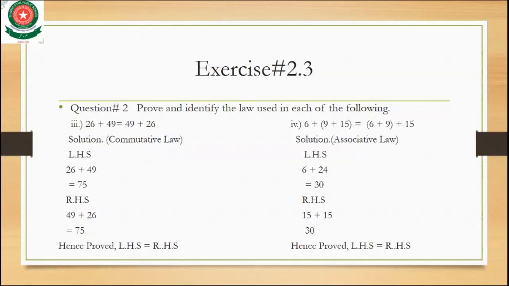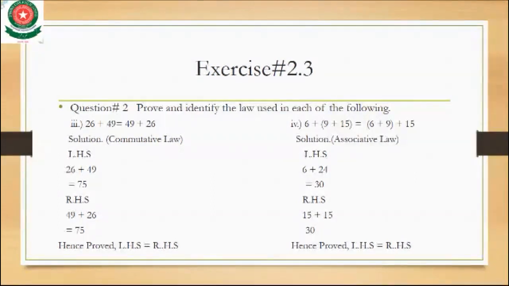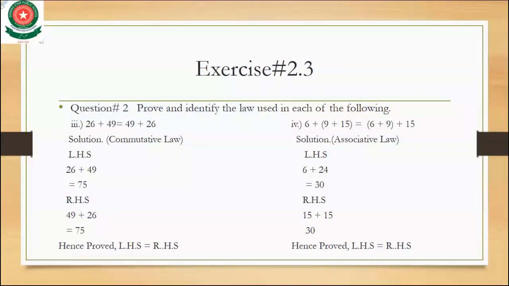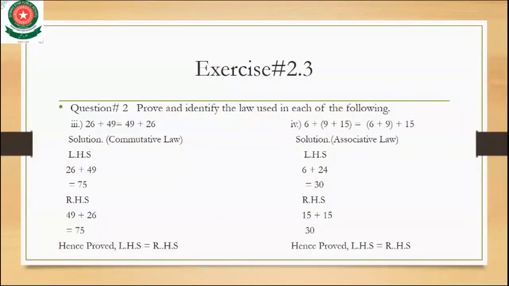The next number is 15, so 15 plus 15 is equal to 30. So the left hand side answer is 30, and the right hand side answer is also 30. So 30 is equal to 30. It is proved that left hand side is equal to the right hand side because both answers are equal.